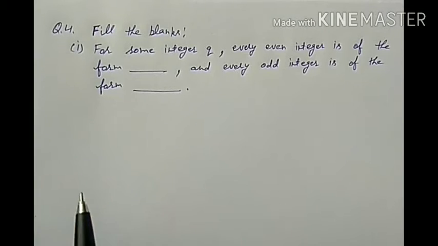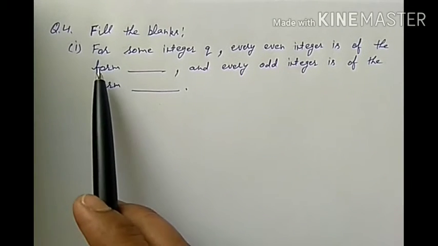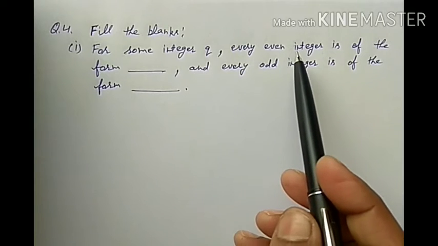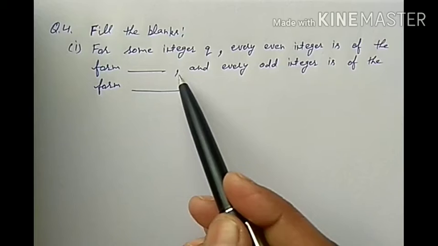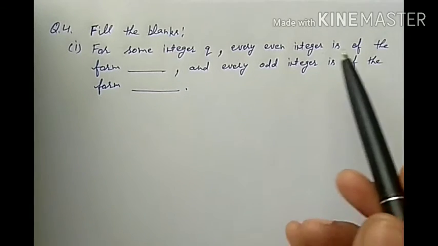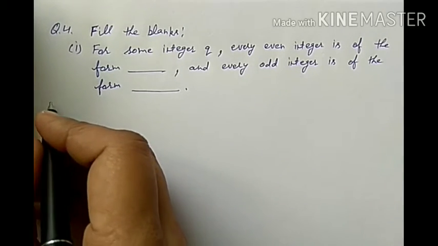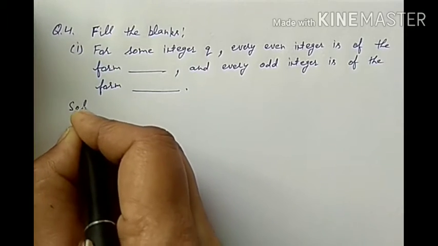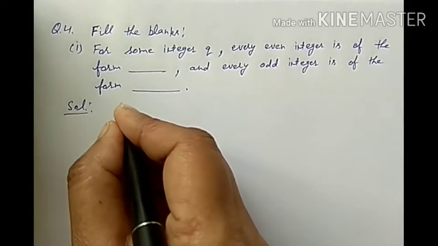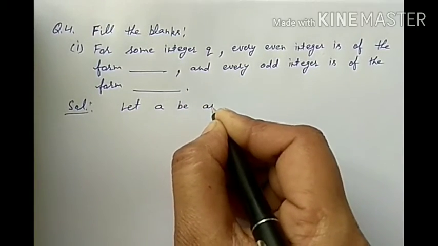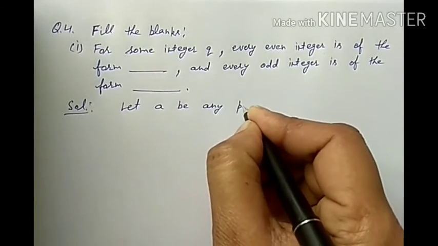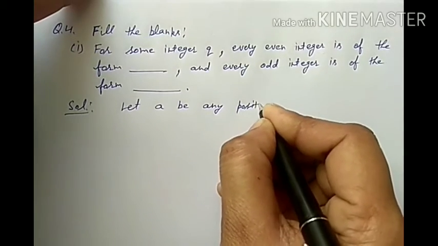Question number 4 is fill in the blanks. For some integer q, every even integer is of the form dash and every odd integer is of the form dash. So let's start the solution. Let a be any positive integer.